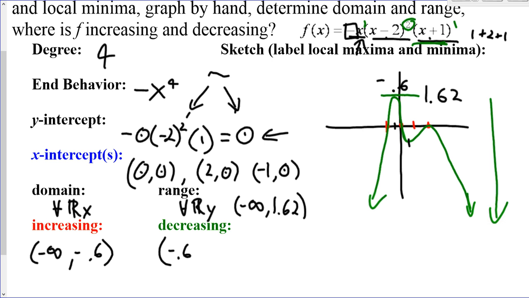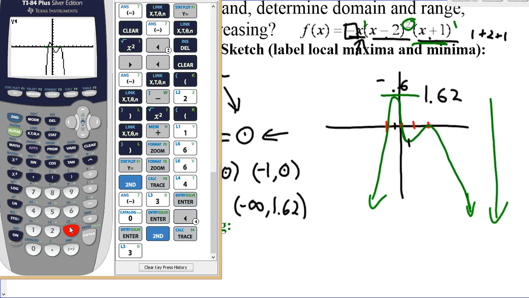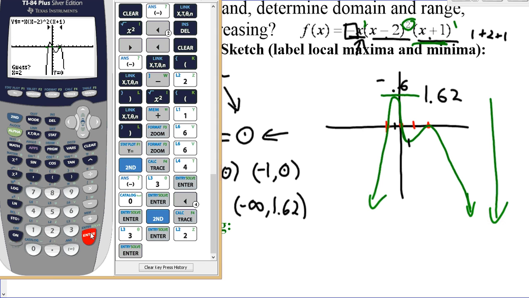I need to find that minimum point. Well, then I'm going to bring out my calculator. Second calc. Find my minimum there. Left bound, I'm already there, I'm going to hit enter. Right bound, I'm going to push 2. And I guess just scroll over somewhere in between. And I get a 0.84.